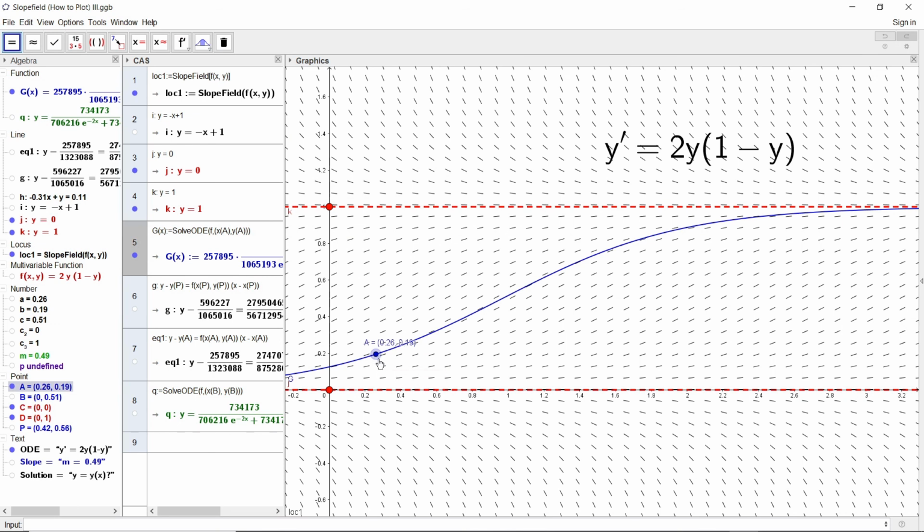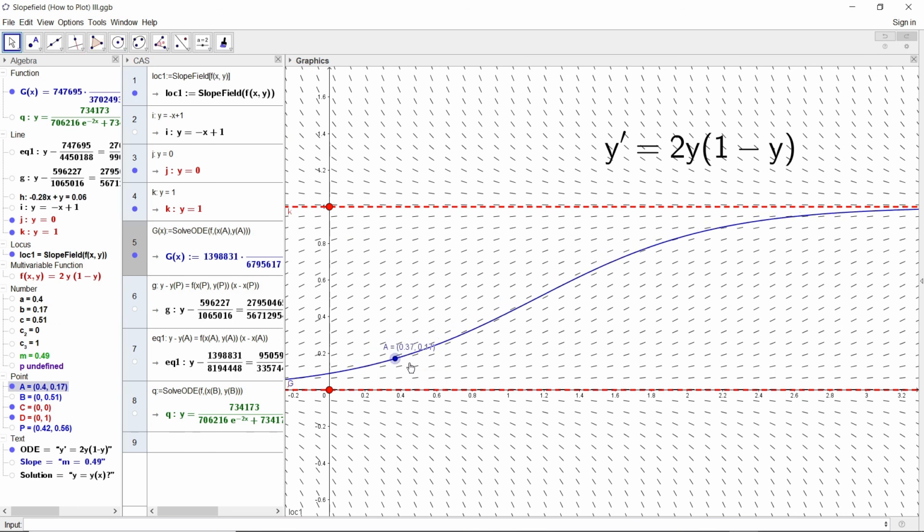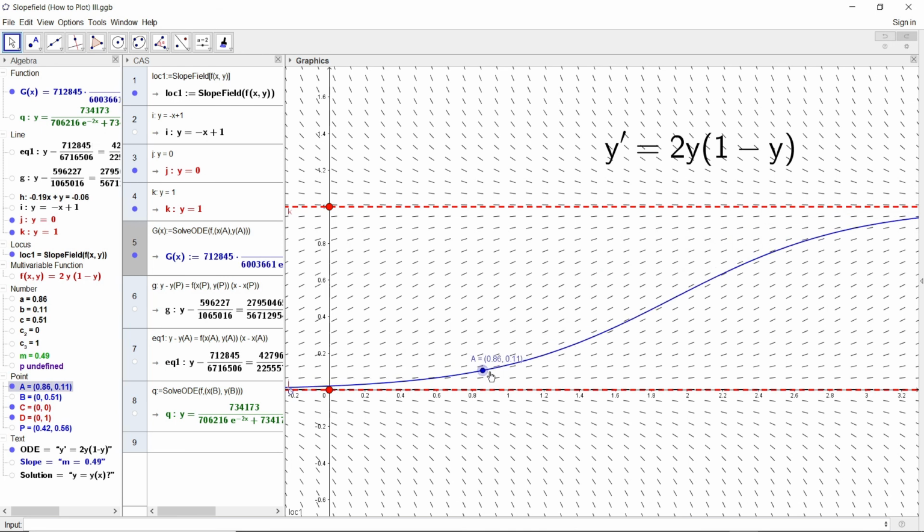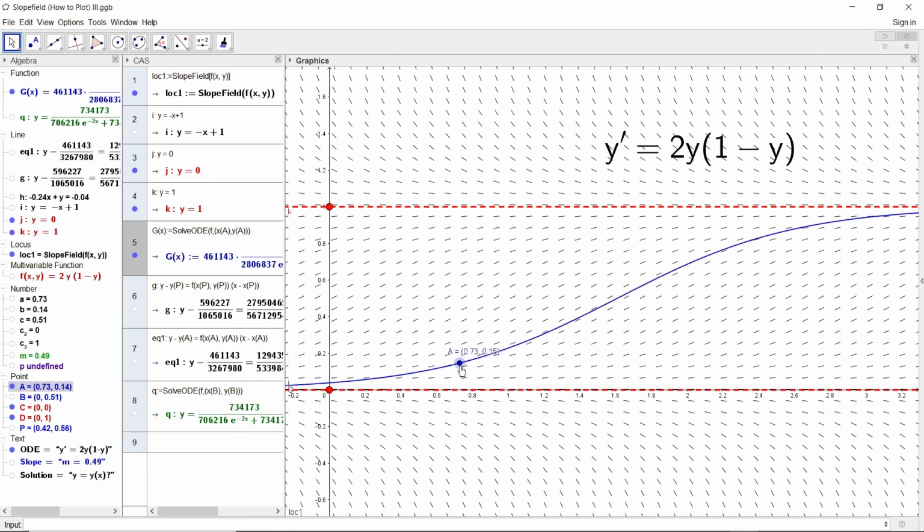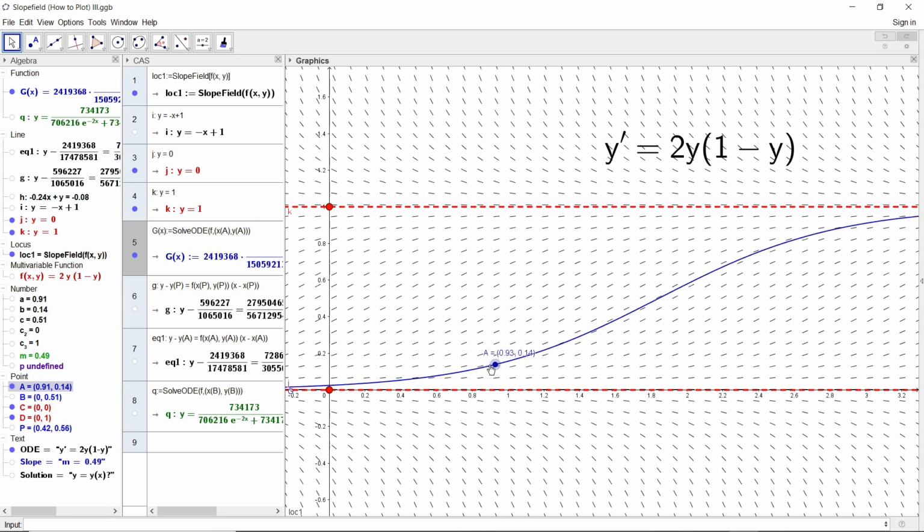And this is also true for any other point, not necessarily on the y-axis. If we take a point A with its y coordinate same as the initial point y sub 0, then any solution passing through this point is moving away from the critical point, the repeller.